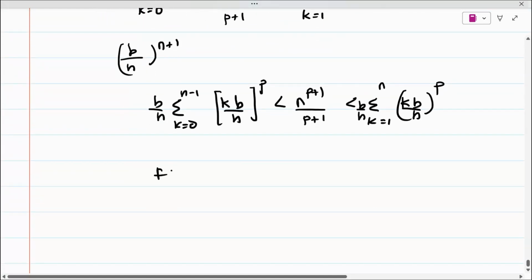You know f of x equals x to the power 3, k equals p by n and the k-th term, k equals 0, 1 all the time.